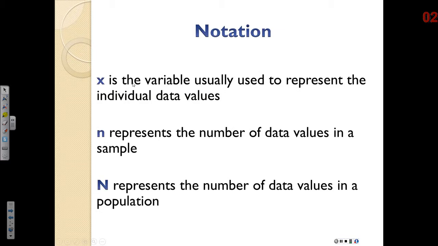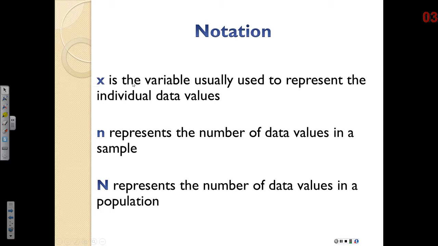This is where we have to come back to some more symbols today. So I'm going to back it up for a minute. X, just like in math in general, is normally the variable used to represent your data values. Notice that I now have a lowercase n and an uppercase N. Lowercase n represents the number of data values in our sample, so memorize this as sample size.